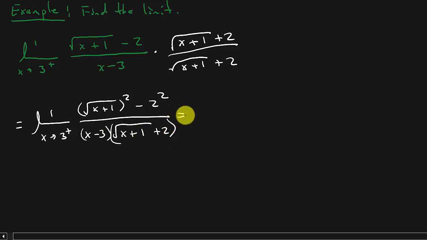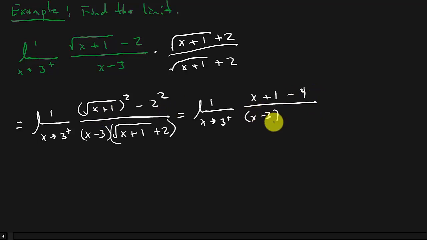And so this is going to be the limit as x goes to 3 from the right of x plus 1 minus 4. Right? Square root of x plus 1 squared is x plus 1. 2 squared is 4. And that's going to be x minus 3 times square root of x plus 1 plus 2.